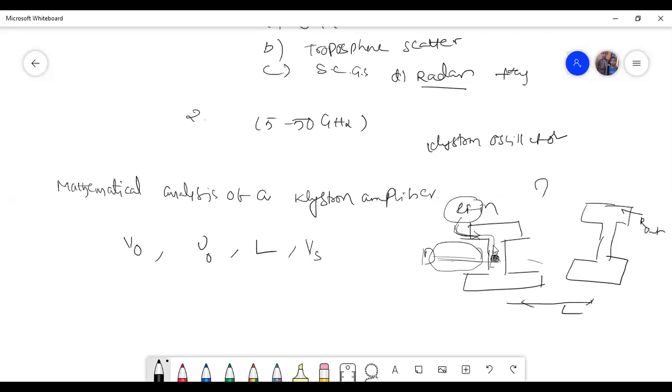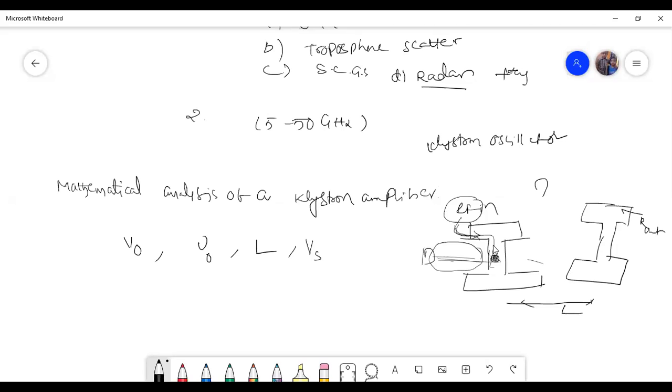So when electrons are accelerated by the high DC voltage before entering the buncher grid, their velocity is uniform. I already told that. All are traveling with uniform velocity. Whenever they enter the buncher cavity and combine with the RF signal, only then does the velocity of the electron change, like greater than v0, less than v0, equal to v0.